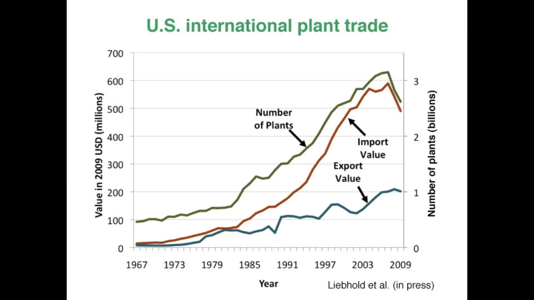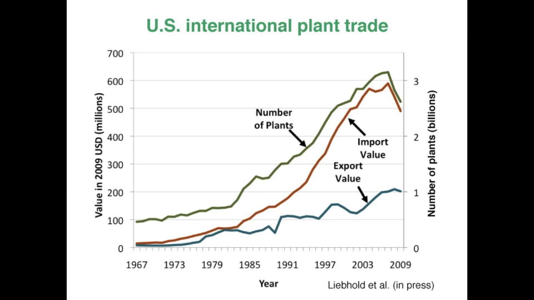Globalization has really meant that there's been a huge increase in the imports of live plants into the United States. Since 1967, we've had a 33% increase per decade in the amount of live plants being imported.